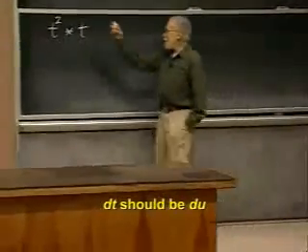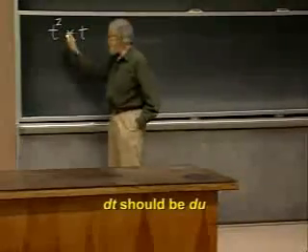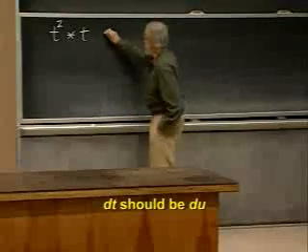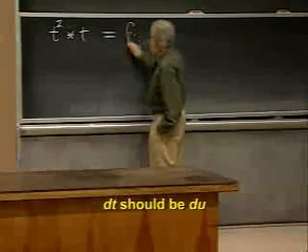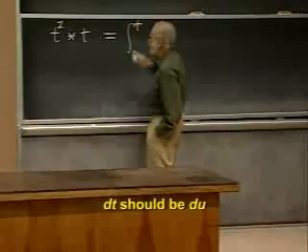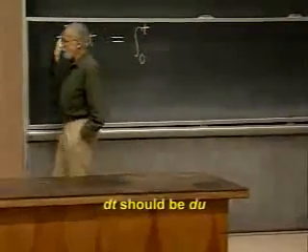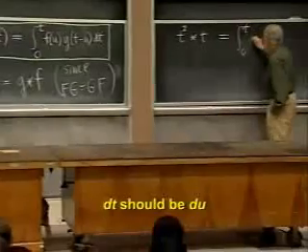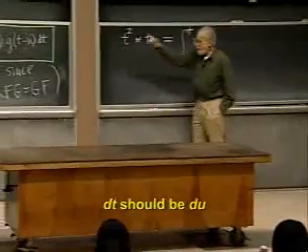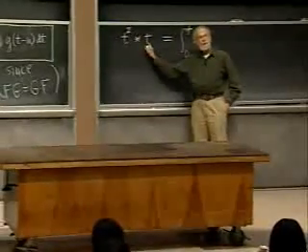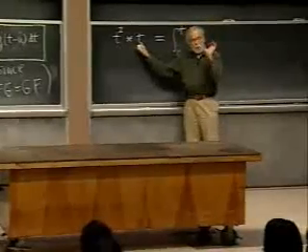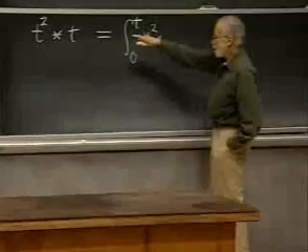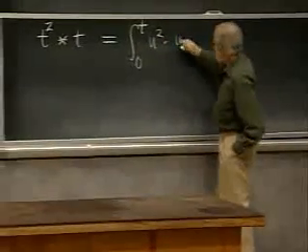Okay, let's calculate the convolution of t with t squared. Let's do it by the formula. All right, by the formula I calculate the integral from 0 to t. Now I take the first function, but I change its variable to the dummy variable u. So that's u squared. I take the second function and replace its variable, so this is times t minus u, sorry.